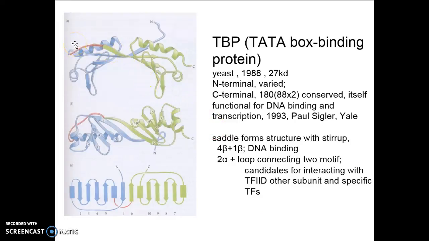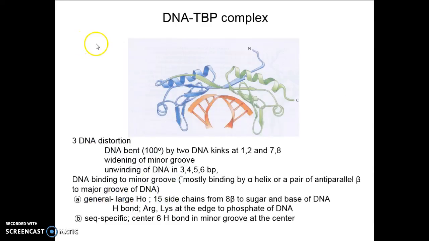Okay, you are looking at the DNA-TBP complex. See, there is some distortion in the DNA structure. The DNA was bent by 100 degrees by two DNA kinks at positions 1 and 2 and 7 and 8.